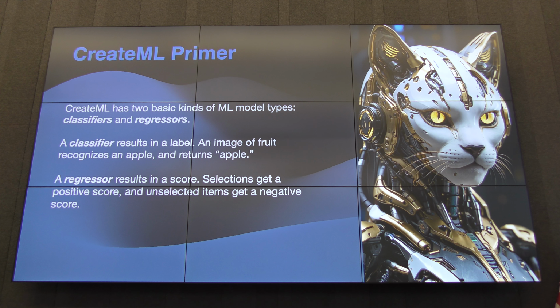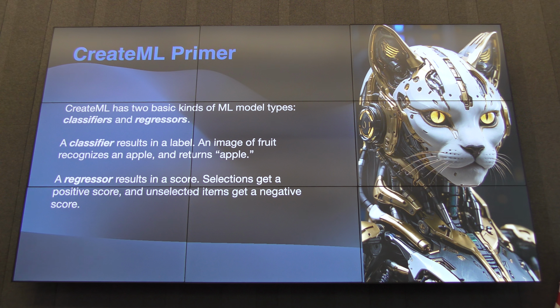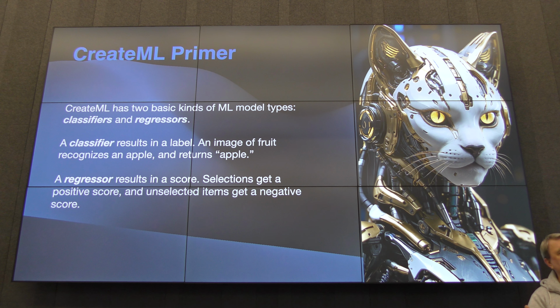A regressor returns a score. Just like in the coordinate system, it's +1 to -1 is the range on that. So if you're selecting something in a positive way, it gets a positive score. And for all those things that you haven't selected, you would actually train as a negative score.